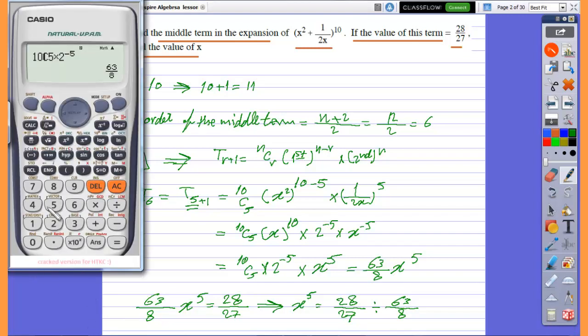We have the first fraction 28 over 27, which equals 32 over 243.